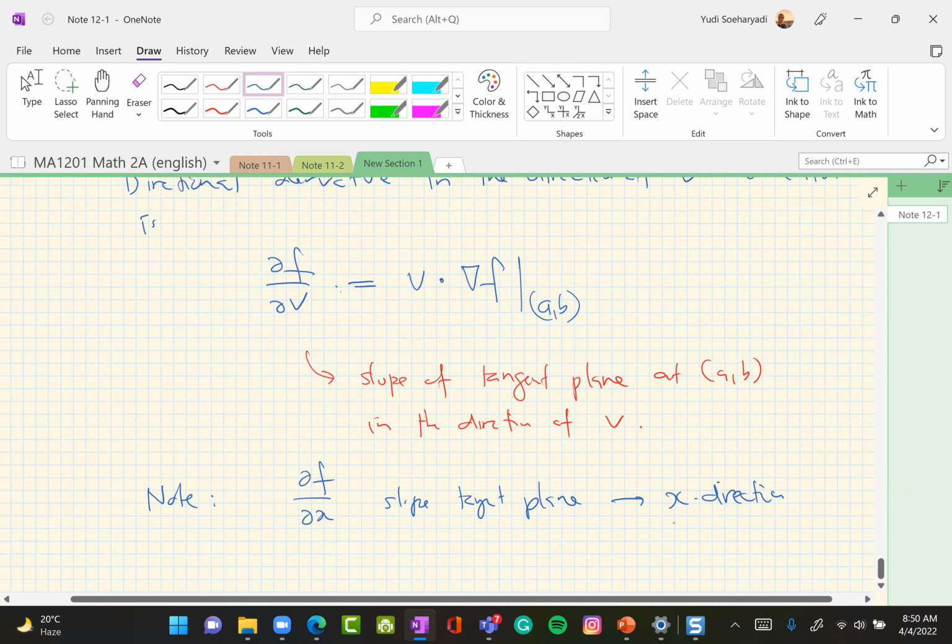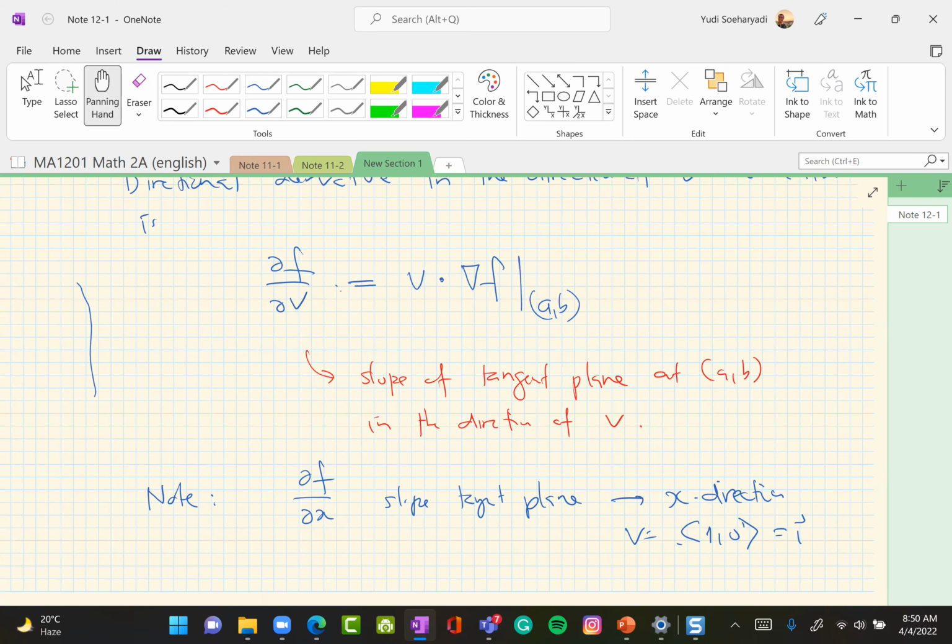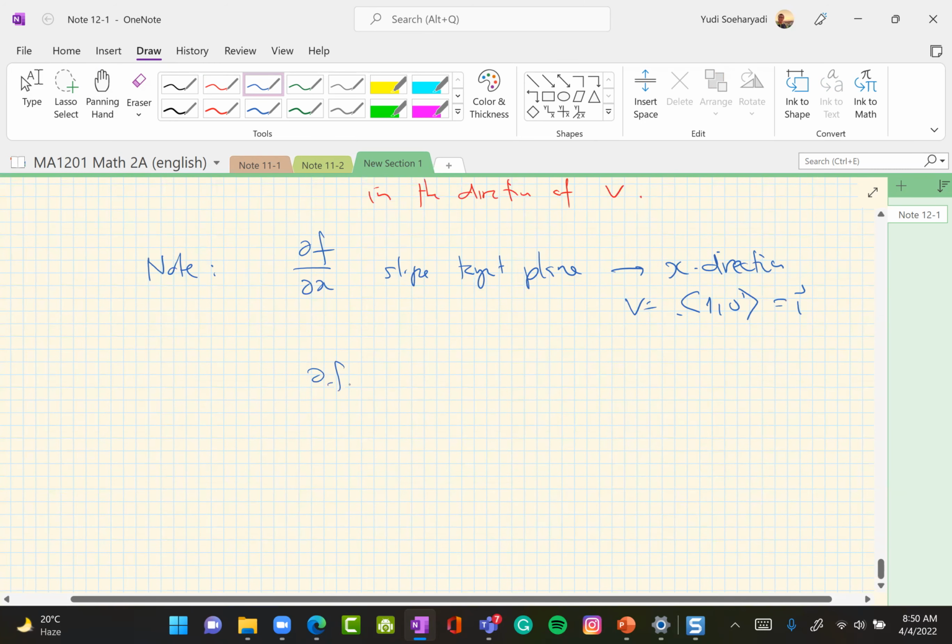Okay, so x direction, this is direction v equals (1, 0). And the df/dy, this is in the y direction. So v equals (0, 1). Okay.